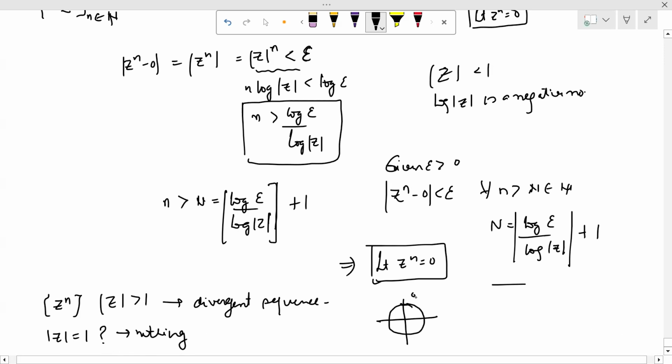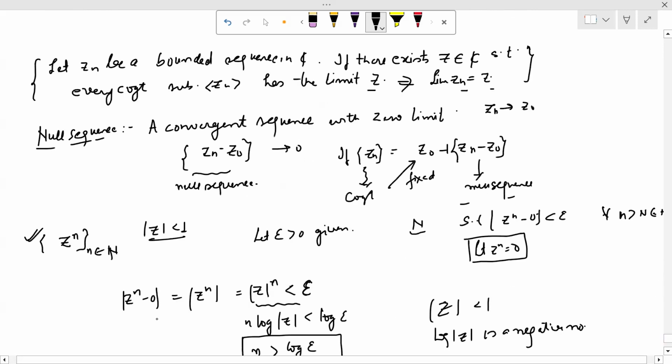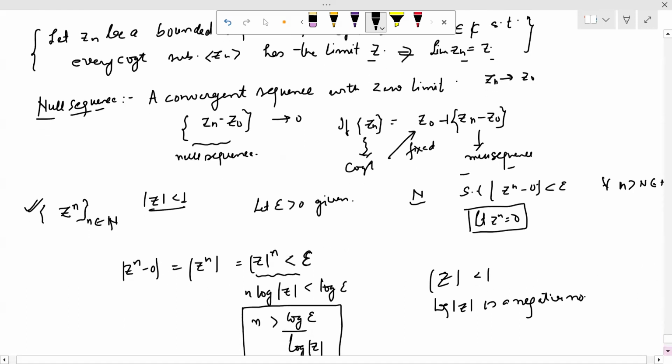Let's say I take 0 comma iota. So now Zn is equal to iota raised to power n. This is not convergent. If I take Z equal to 1, this also lies on the unit circle, then it is convergent. So you cannot say anything with certainty about the points lying on the unit circle. But certainly you can say that if mod Z is greater than 1, then the sequence will be divergent. If mod Z is less than 1, the sequence Z raised to power n is convergent, and rather it is a null sequence. So I hope you have got all these things.